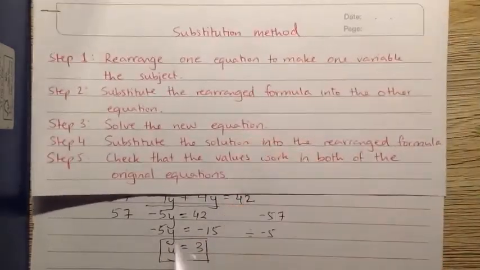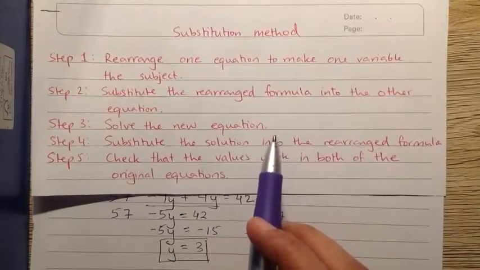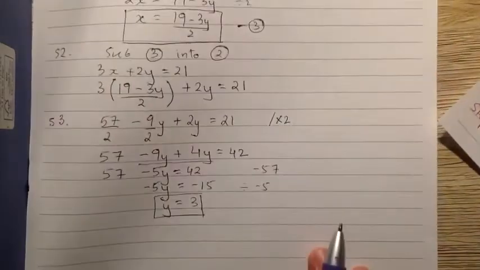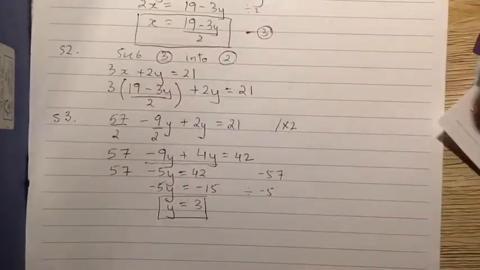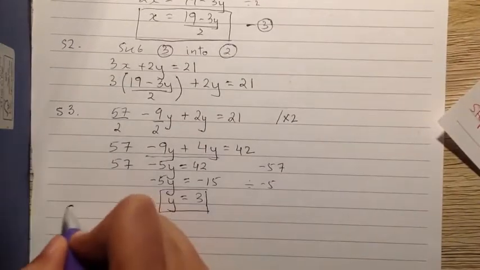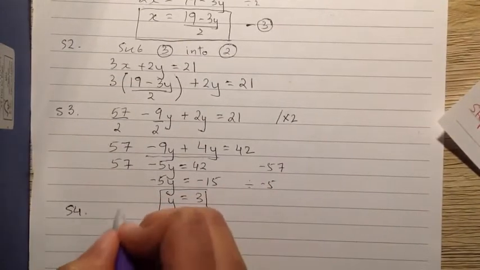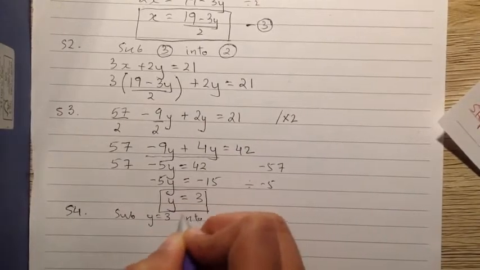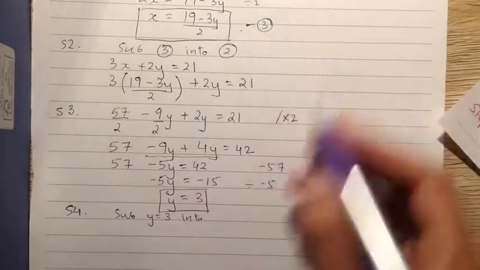Alright, so we have solved the new equation, and so now the next step, step 4, is substitute the solution into the rearranged formula. So step 4 is sub y equals 3 into equation 3, our rearranged formula.